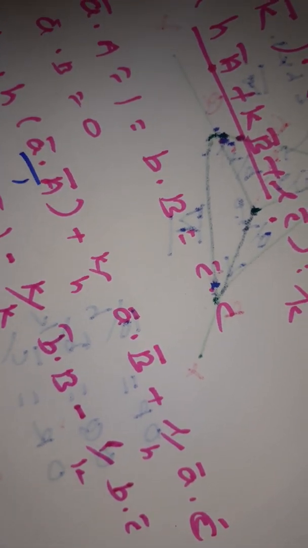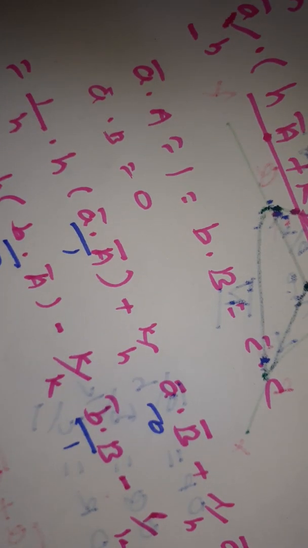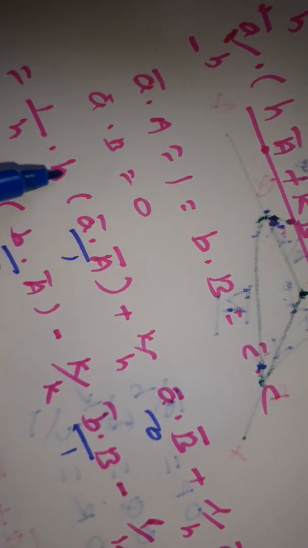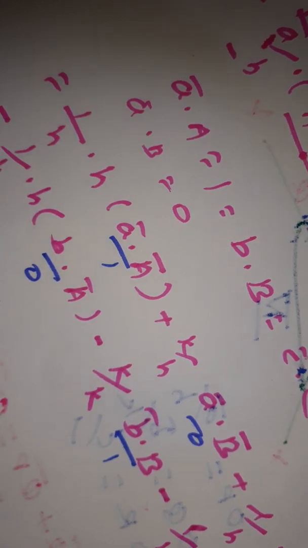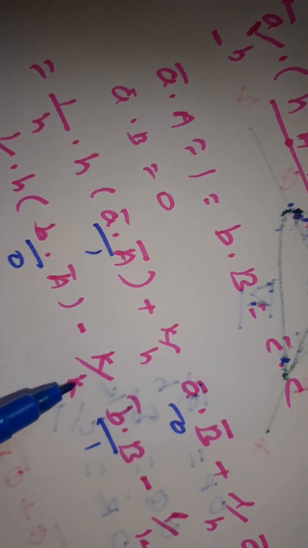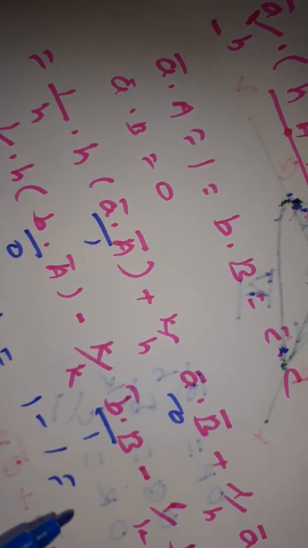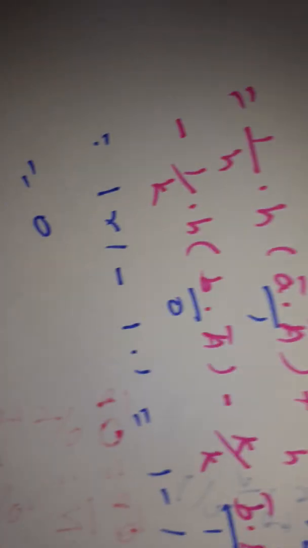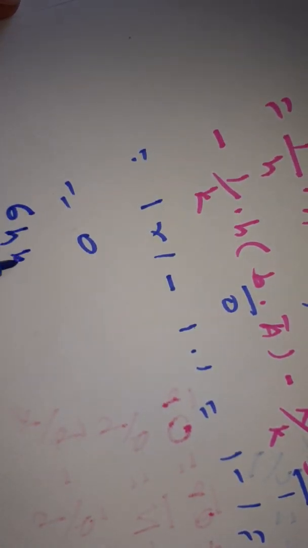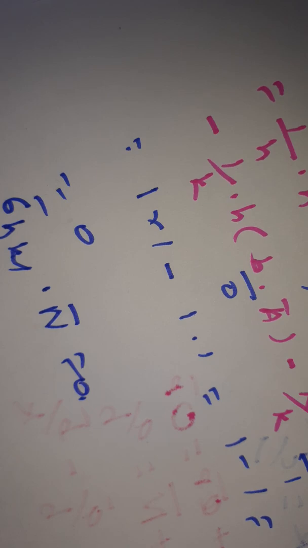So this term is equal to 1, this term is equal to 1, and the other values are 0. So we got H divided by H, 1; A dot A, 1; this is 0; this is 0. Now minus K upon K, 1 into 1. So we got 1 minus 1, which is equal to 0. So we write sigma HKL dot n is equal to 0.